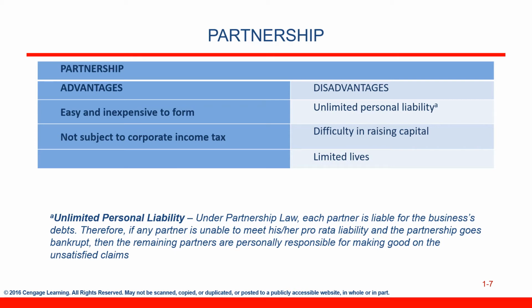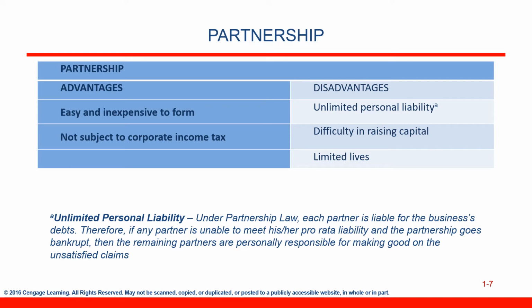And then for the disadvantages, it also has unlimited personal liability. So when we say unlimited personal liability, each partner is liable for the business debts, and if the partnership goes bankrupt, the remaining partners are personally liable for making good on the unsatisfied claims.